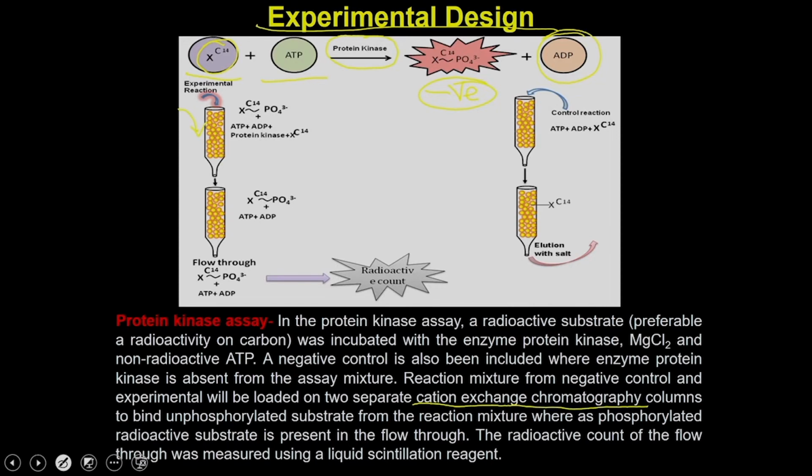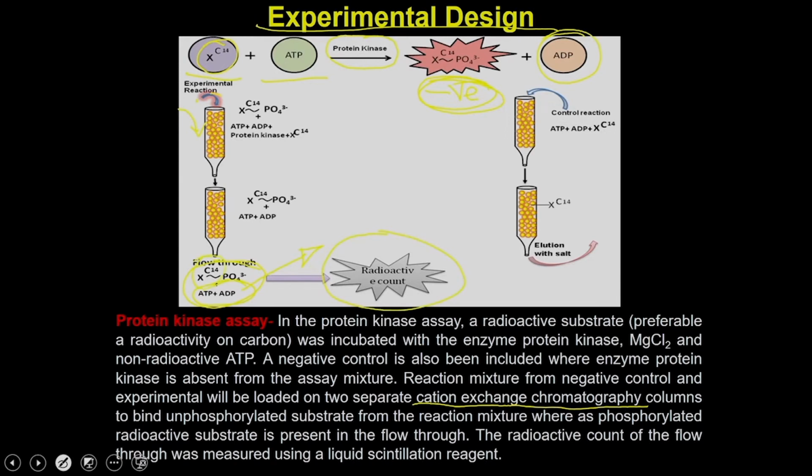The cation exchange column is going to bind everything except the negatively charged, phosphorylated substrate. It is also going to release the cold ATP and cold ADP, but the cold ATP hardly matters because what you are going to measure is the radioactivity associated with the carbon 14.